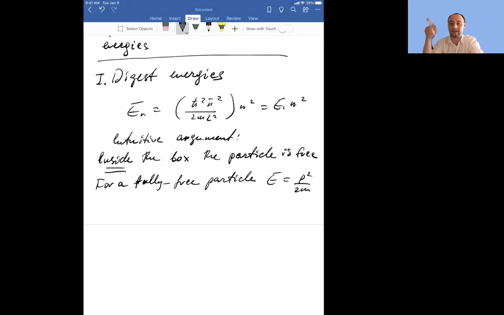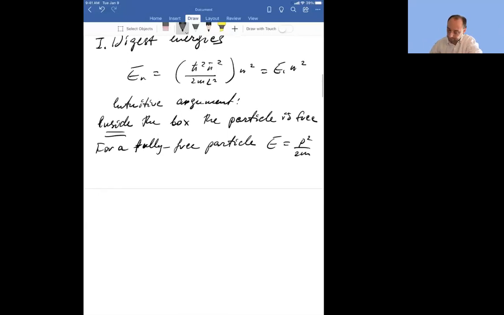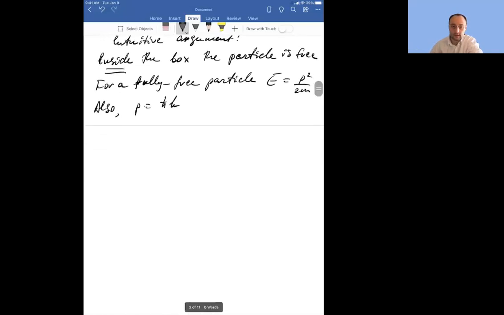And it's the same as the classical relationship. You can write 1/2 mv squared, and you can rewrite it like that if you take p equals mv. And in quantum mechanics, the same relationship between energy and momentum holds. Also, in quantum mechanics, there's the de Broglie relationship, p equals h bar k. And so you could say that energy equals h bar squared k squared over 2m. This much is true for a free particle.